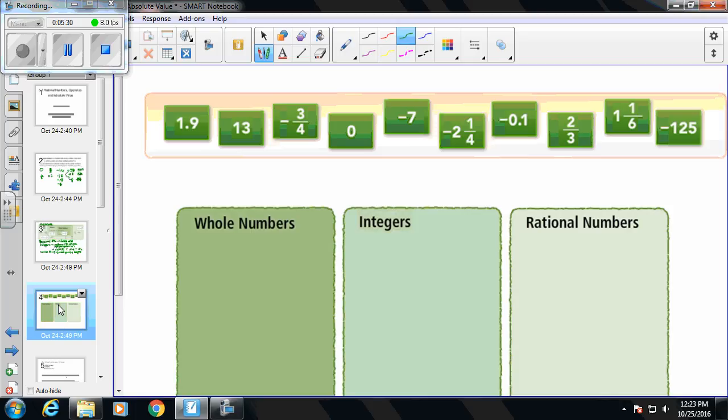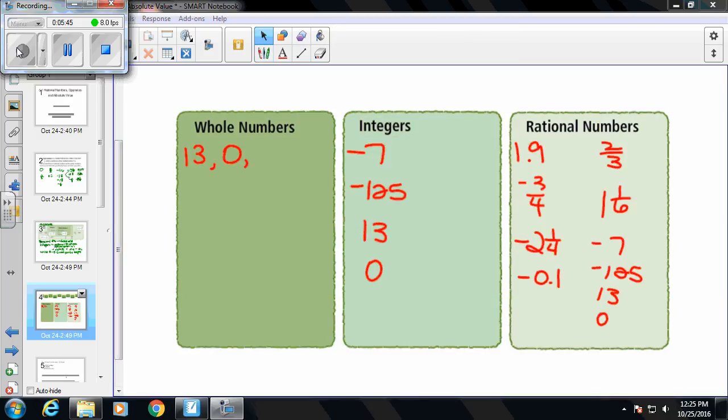So I want you to take a minute, and I want you to write each one of these into their proper category: whole numbers, integers, and rational numbers. Okay, so my whole numbers are 13 and 0. My integers are negative 7, negative 125, 13 and 0. And all of them are rational numbers.